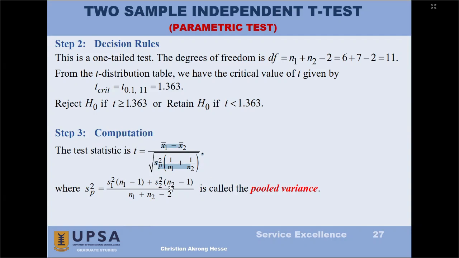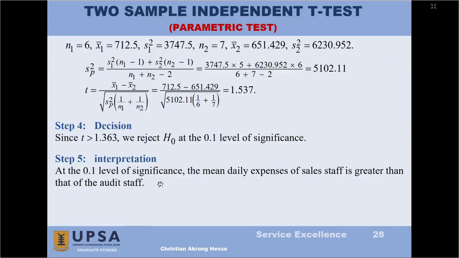But before that, we need to determine the pooled variance. So this is a summary of the data. N1 is equal to 6.